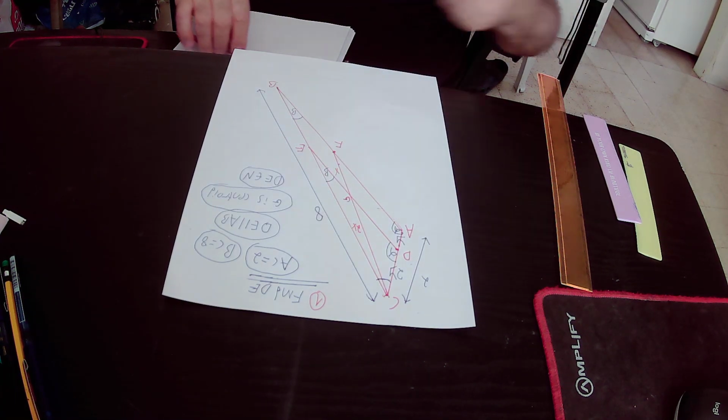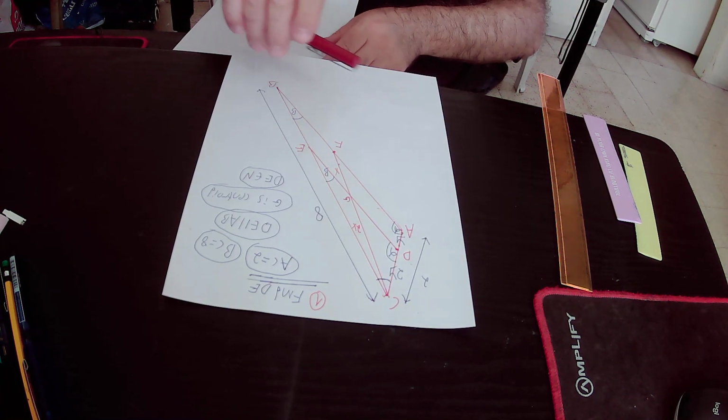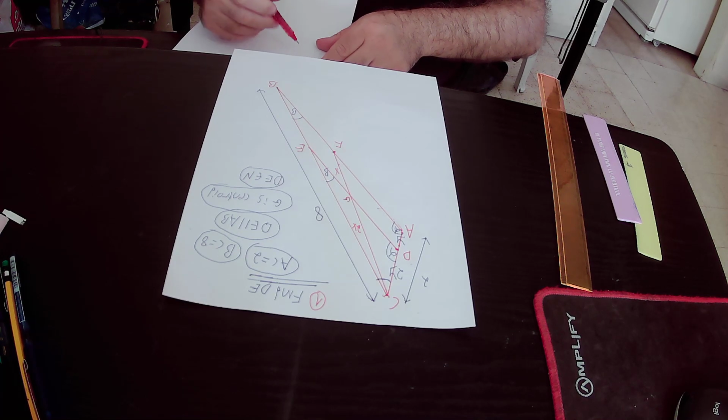But we know that CA equals 2 units and CB equals 8 units, so we can write down that the absolute value of 2 minus 8 is smaller than AB.